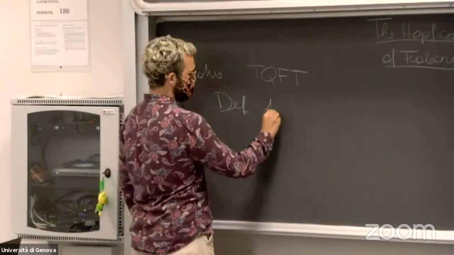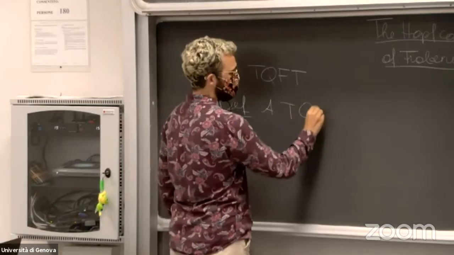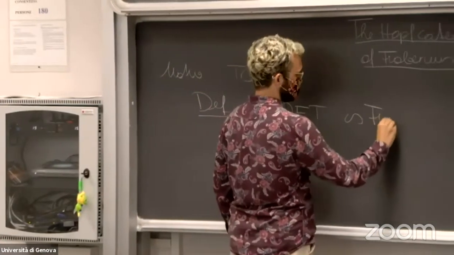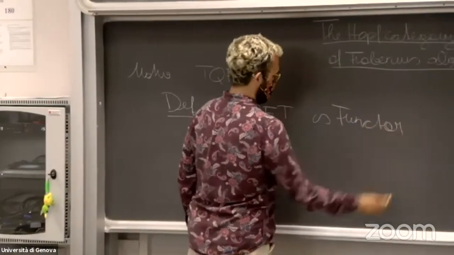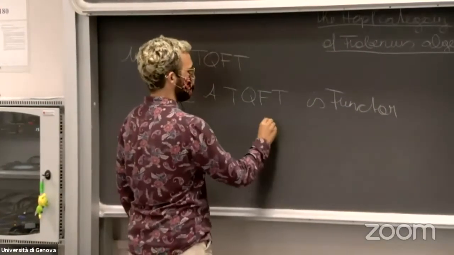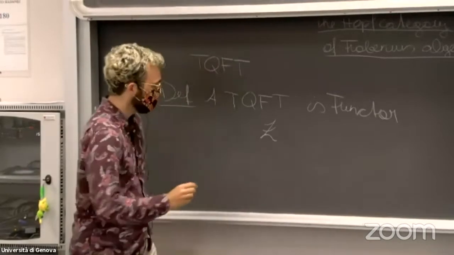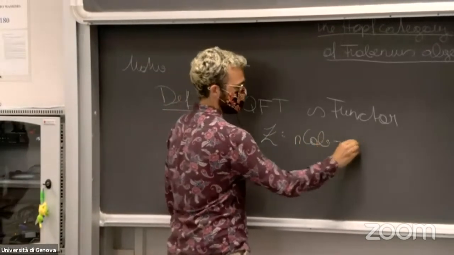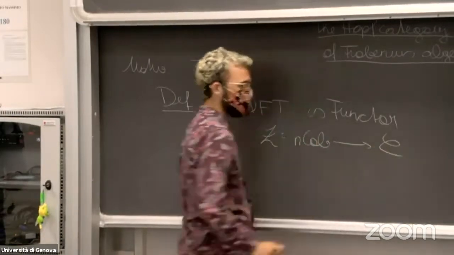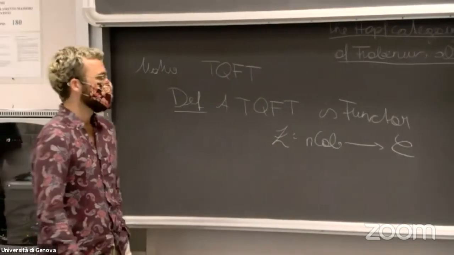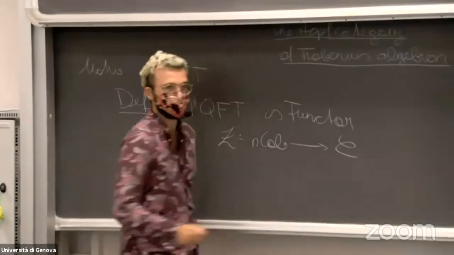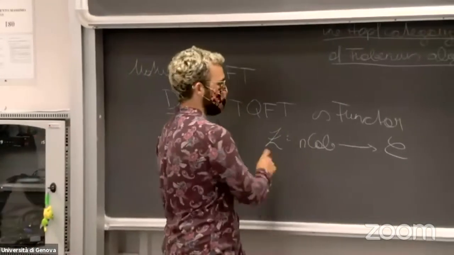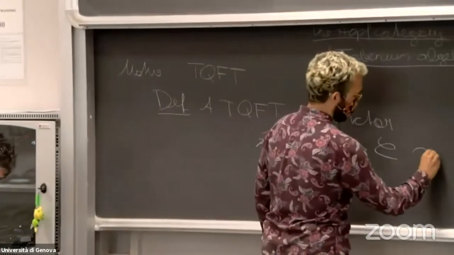So a TQFT is a functor, and it's usually denoted by some Z, from the category of n-cobordisms to some other category C, and both of them are endowed with a symmetric monoidal structure. So we also ask the functor to be symmetric monoidal.